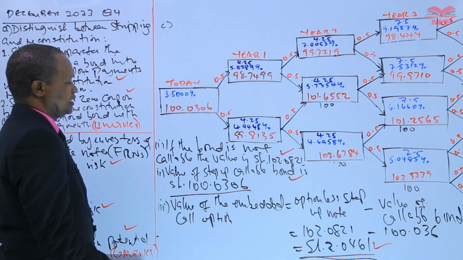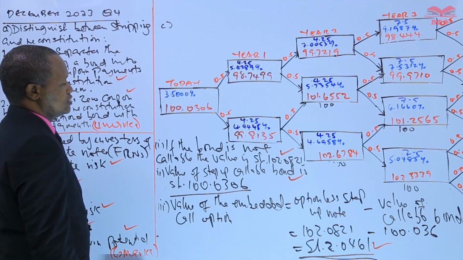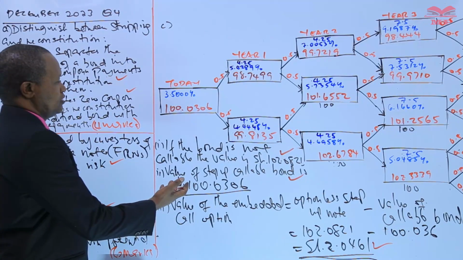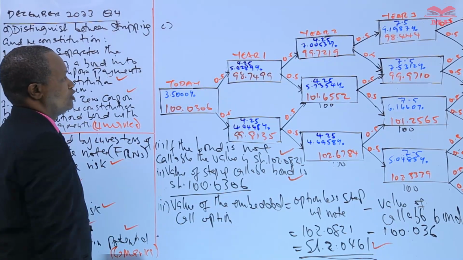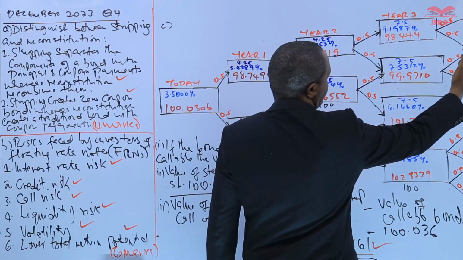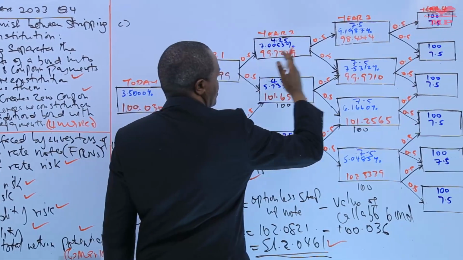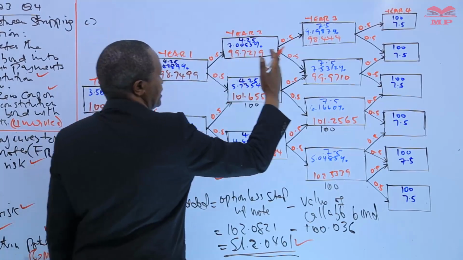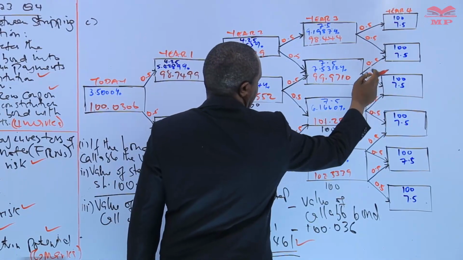So to calculate the value of the callable bond, you saw what we did. We worked backwards from right to left, taking into account the probabilities.